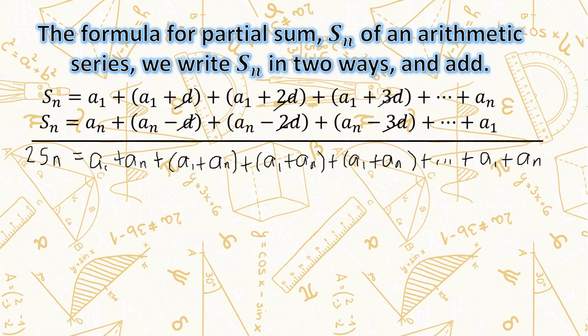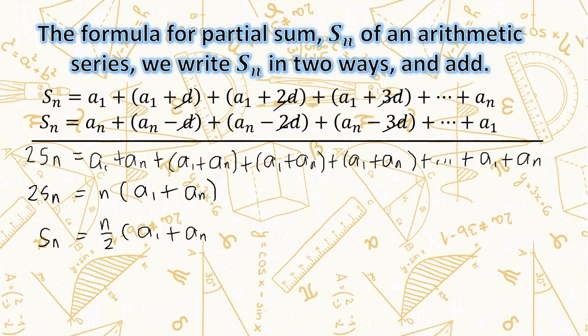Since the series has n number of terms, the right-hand side may be written as n times the quantity A sub 1 plus A sub n. Dividing both sides of this resulting equation by 2, we'll have S sub n is equal to n over 2 times the quantity A sub 1 plus A sub n.